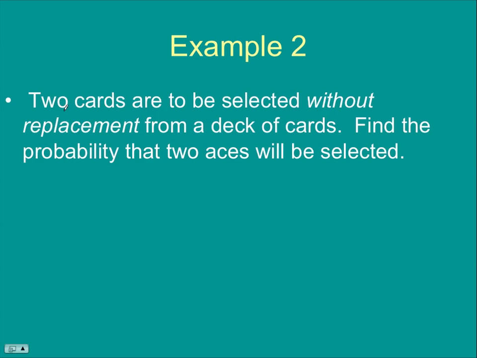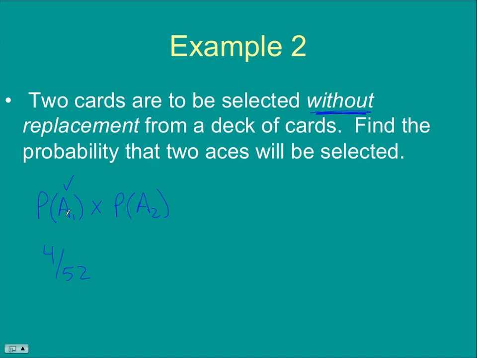Okay, so now we're going to do the same experiment, but without replacement of the card. So again, we still want the probability of selecting a first ace times the probability of selecting a second ace. So the first ace is still 4 out of 52. So we have to assume that we got that first ace.